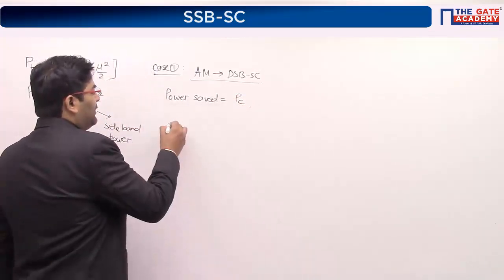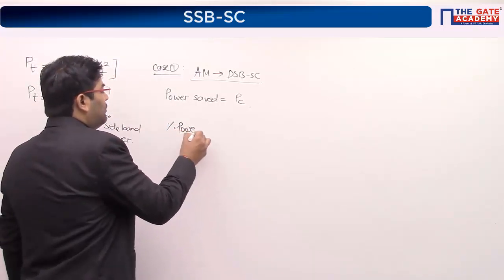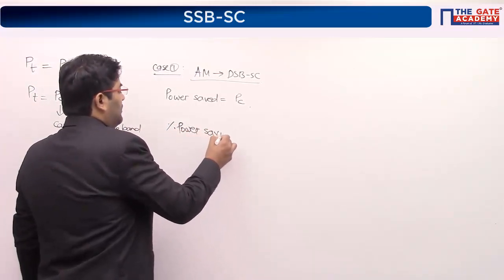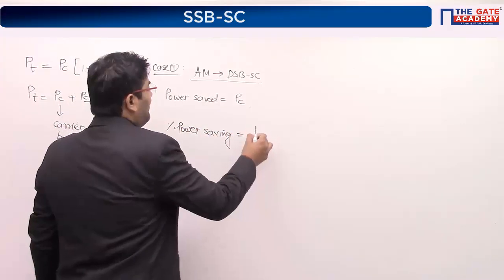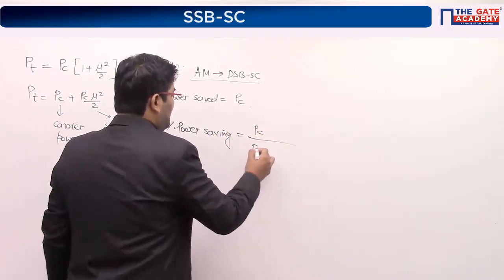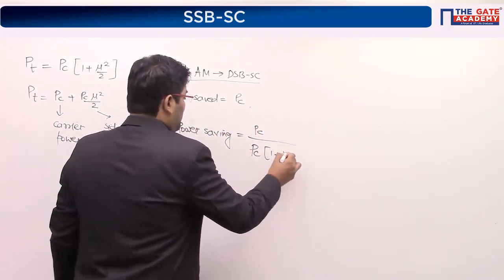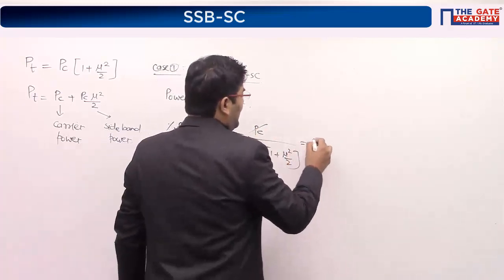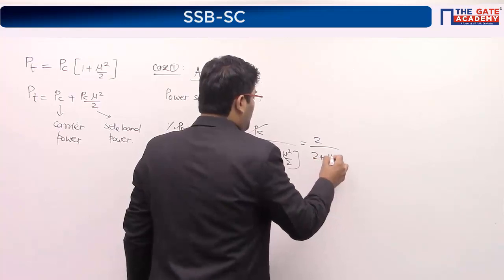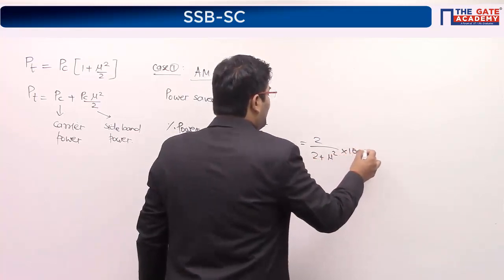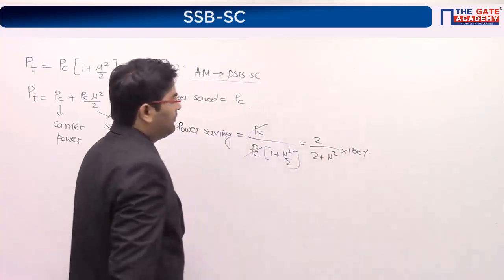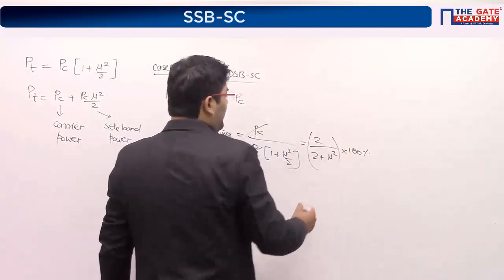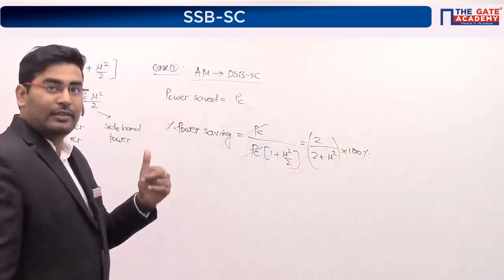So percent power saving will be the total saved power upon total power. PC cancels, so it is 2 upon 2 plus mu square into 100 percent. That's okay. Any confusion, guys, in this?